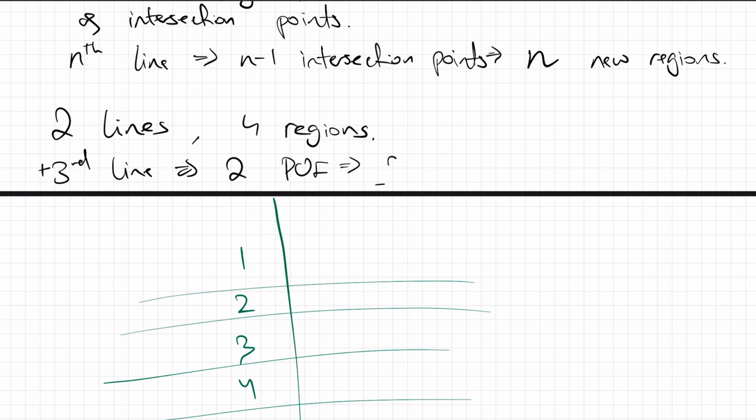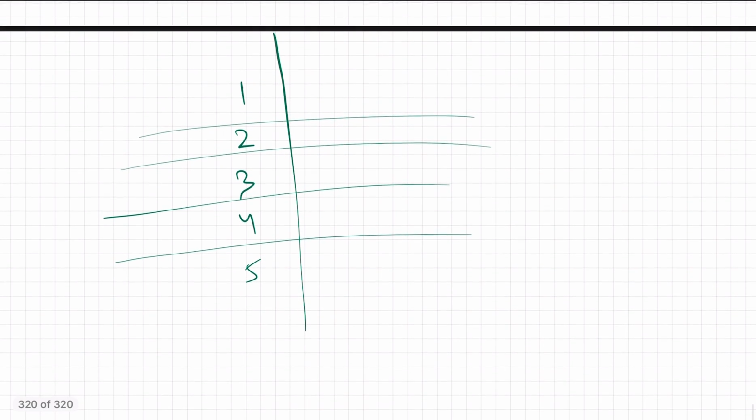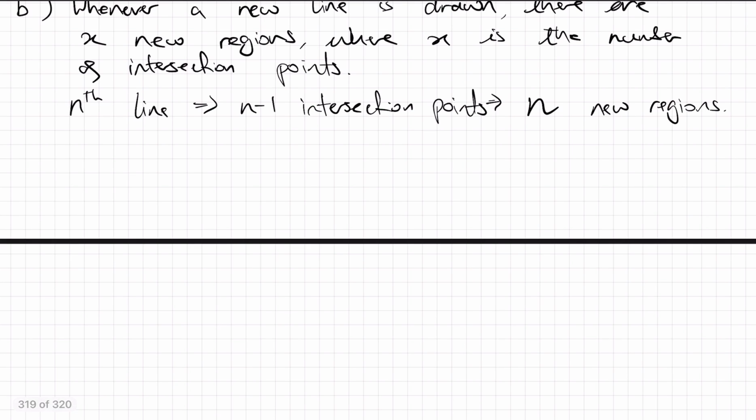So that means we can use this now to start from the beginning again. Okay, so if we have the first line, well, with 0 lines we have 1 region.